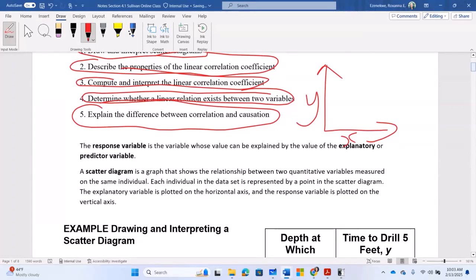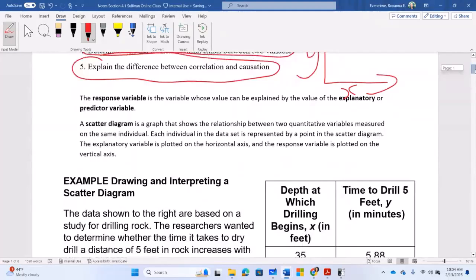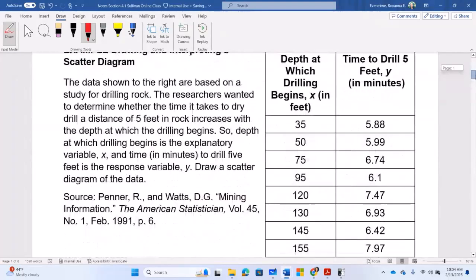You can also call x the explanatory variable. So x, the horizontal axis, is the explanatory or predictor variable, while the y, which is the vertical axis, is called the response variable.